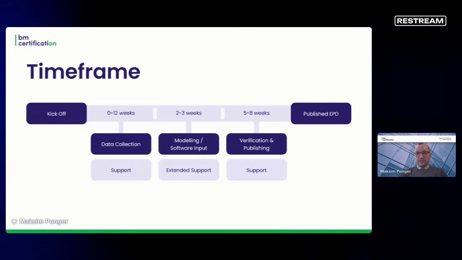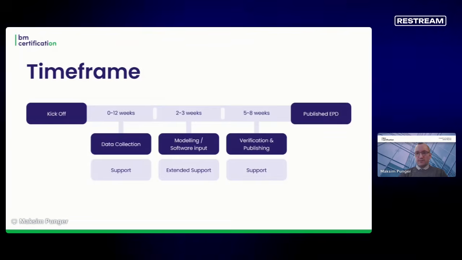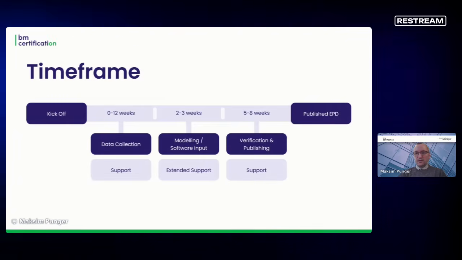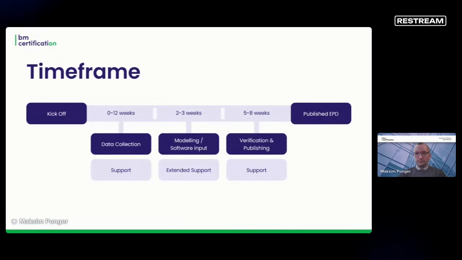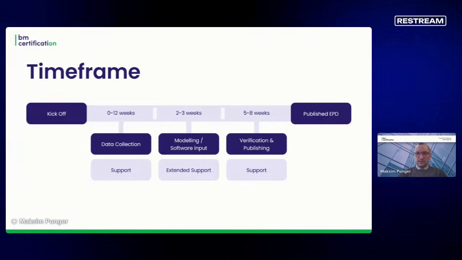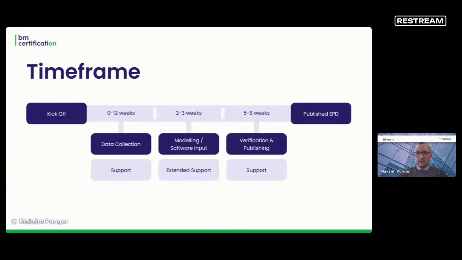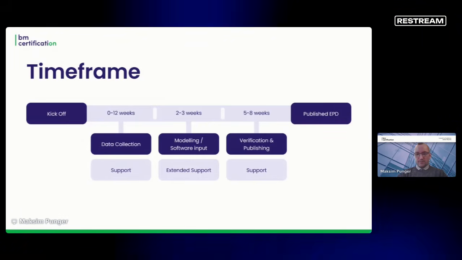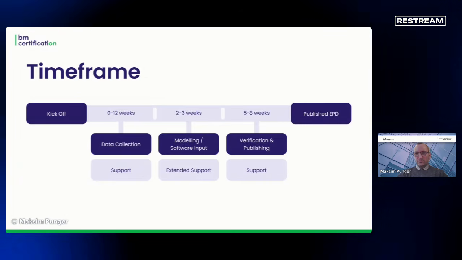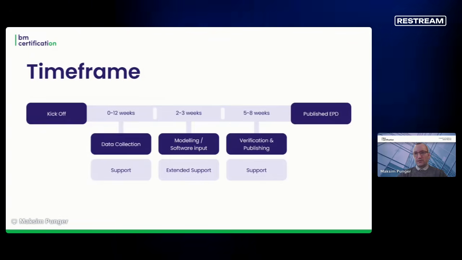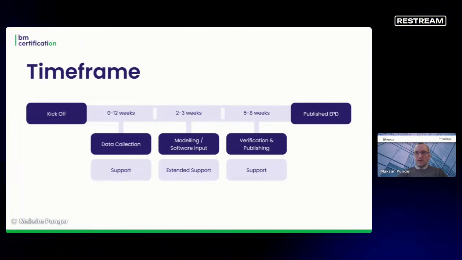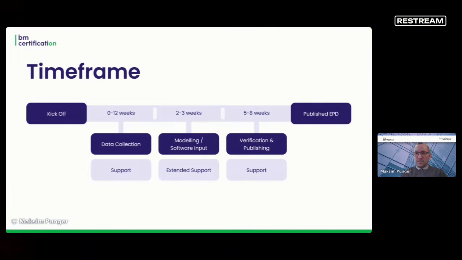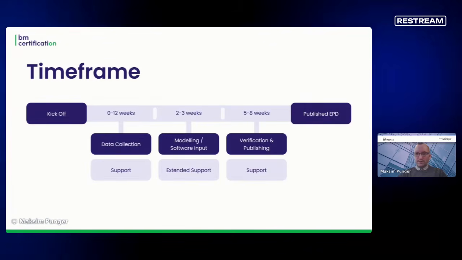When all information is collected, the calculation process, modeling using software and databases, could take 2-3 weeks. The result of this is a ready EPD, which shall, as already said, be registered, verified, and published. And this process could take around 5 to 8 weeks. So it varies, depending very much on the first stage of collecting data. So the minimum is a couple of months.